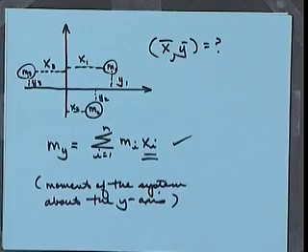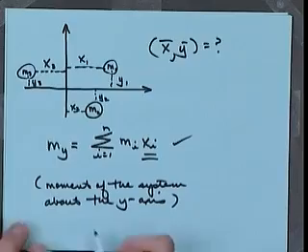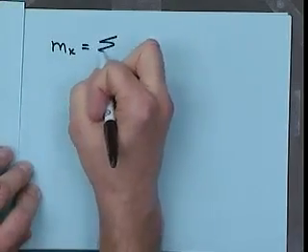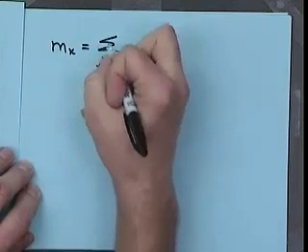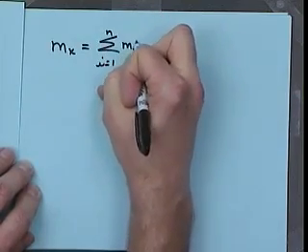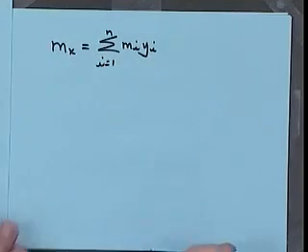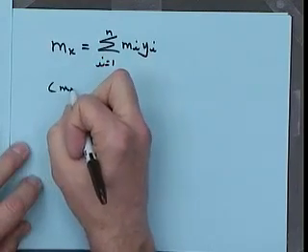What do you think the moment of the system about the x-axis is going to look like? M sub x. And what's it going to look like? The sum of m_i times y_i. Yes. So that's the moment of the system about the x-axis.